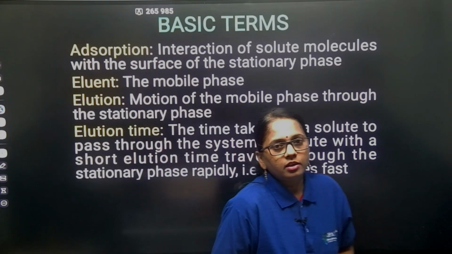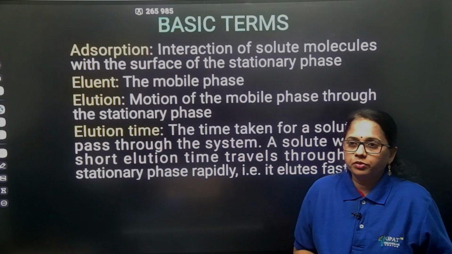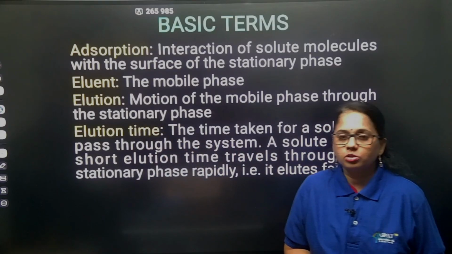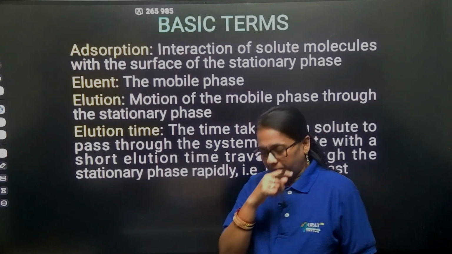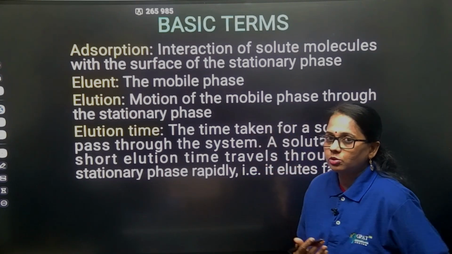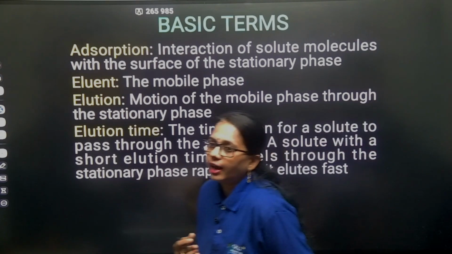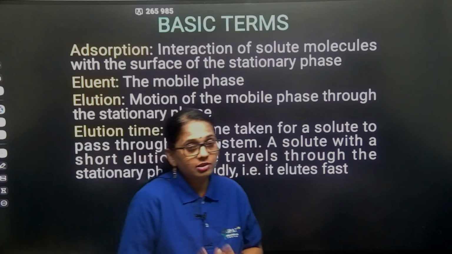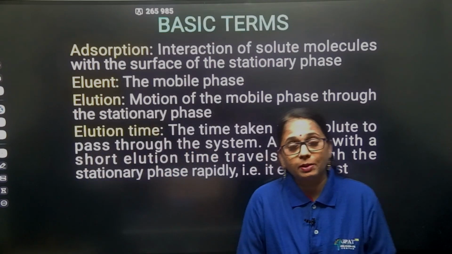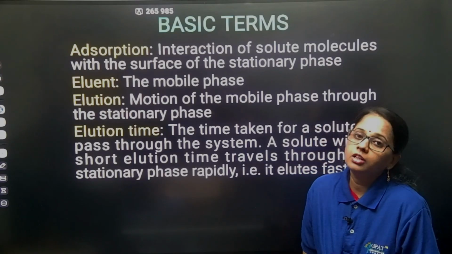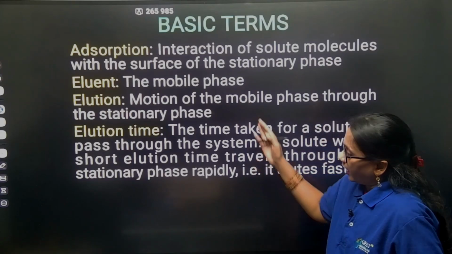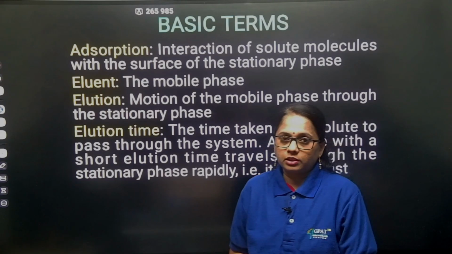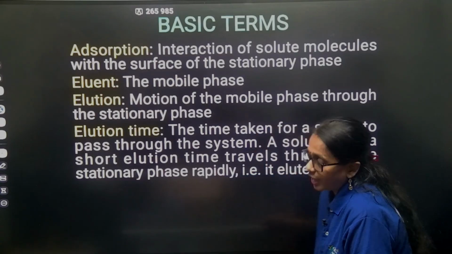That's why some techniques are very time-taking processes in chromatography, okay. We require more patience also. For example, high performance liquid chromatography is also called high patience liquid chromatography because it takes much time to separate the compounds. And the time taken for the separation of the compounds is called elution time.